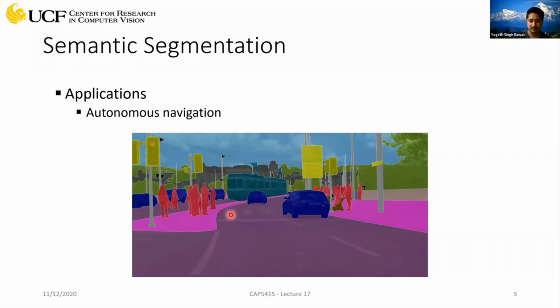Then the algorithm running the car knows which object categories are present and where exactly they are present. Of course, you can also use some kind of object detection, but semantic segmentation is more precise, and in the case of self-driving, I think that's very useful.